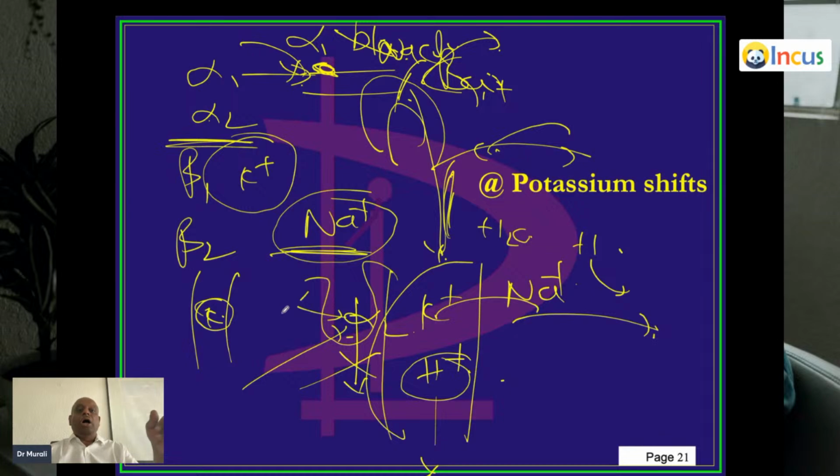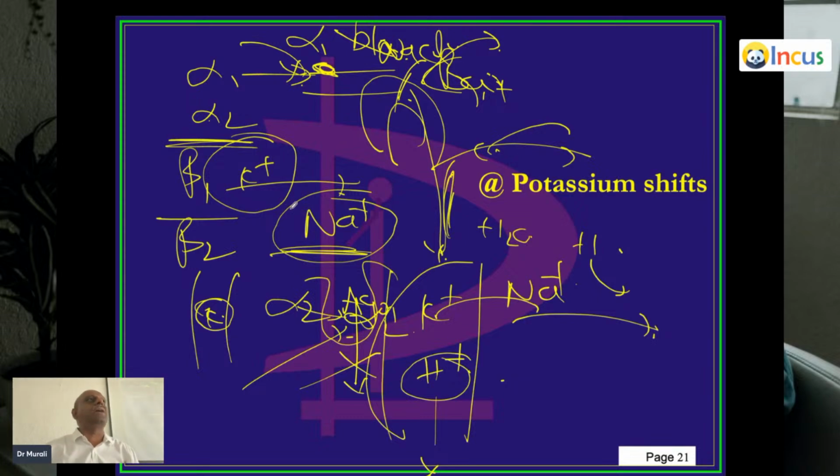That's the reason all the alpha 2 agonists like clonidine, reserpine, all these centrally acting alpha 2 agonistic agents will be sympatholytic, leading to vasodilatation and used as antihypertensives. Clear?